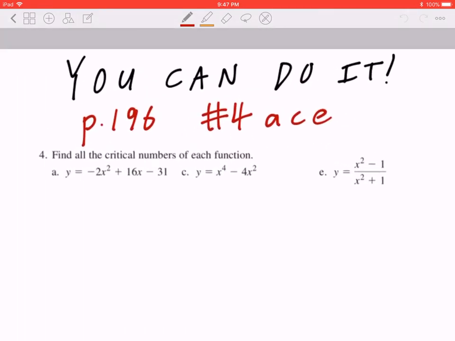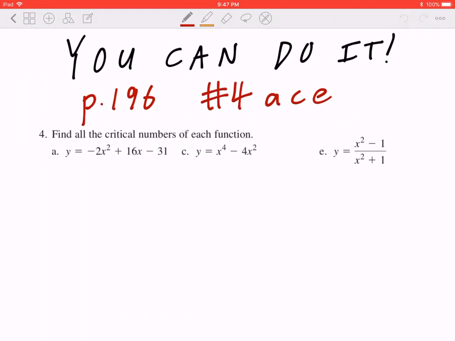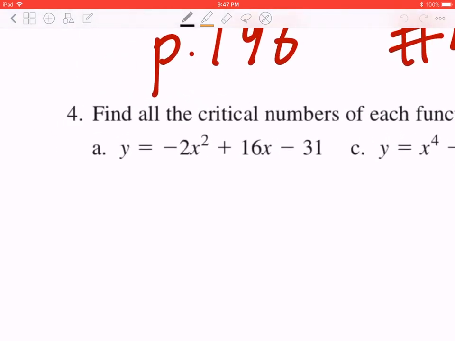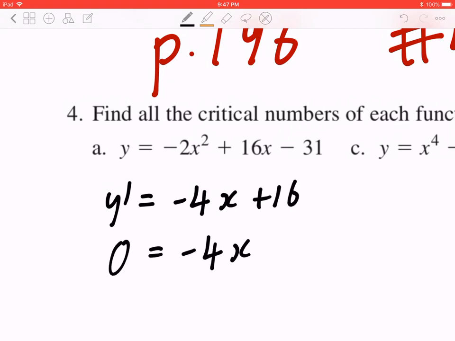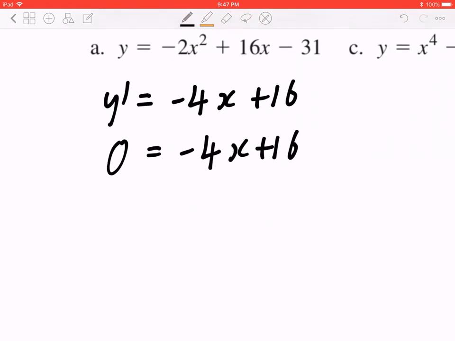Let's keep going. Number 4, A, C, and E. Find all the critical points of each function. For these ones, we'll just find the actual points, and then we'll just continue. We're not going to really graph them anymore. In the first case, y prime is going to be negative 4 plus 16. Set this to 0, solve for x.